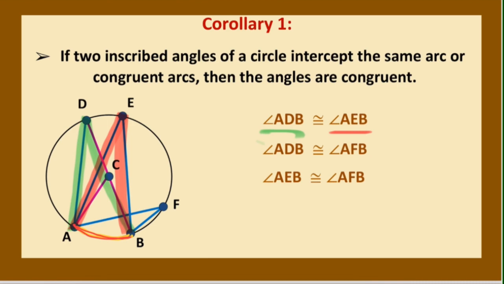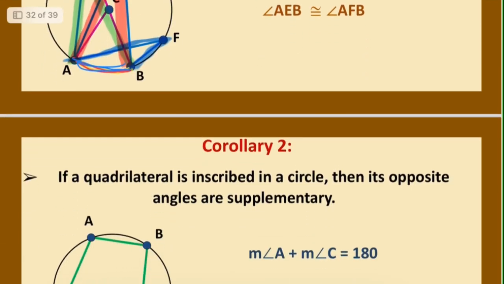You can also have AFB, same arc still. It's pretty obvious, AB is the common denominator here, arc AB, since they share the same intercepted arc. Okay? That means all those angles are congruent. That's corollary 1. Next, corollary 2.